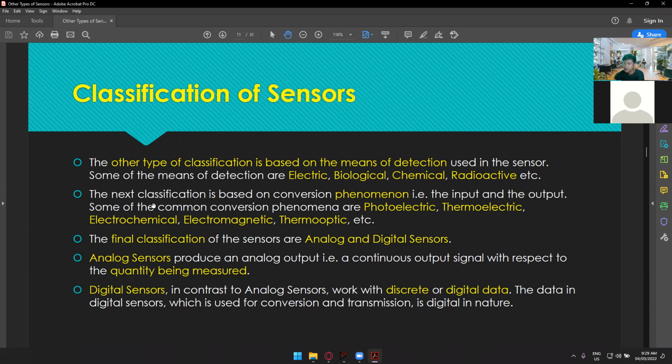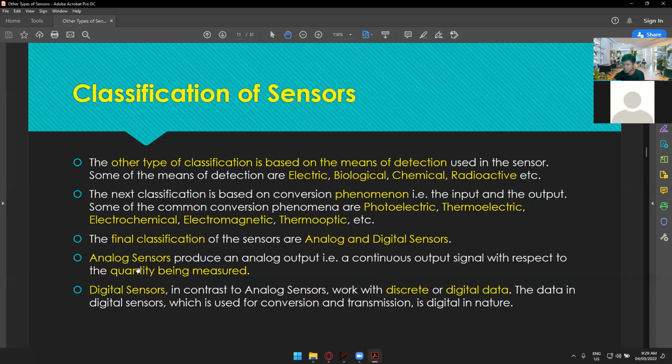Some of the common conversion phenomena are photoelectric, thermoelectric, electrochemical, electromagnetic, and thermooptic. Those are the sensors that can be used through these common phenomena. And then the final classification of sensors is analog and digital sensors, which we already talked about in our past modules.